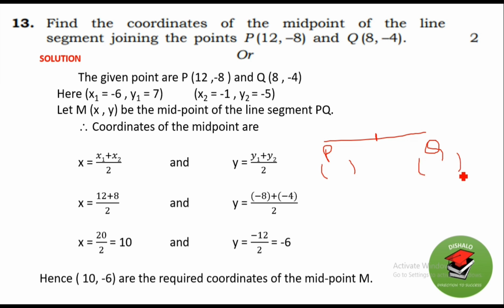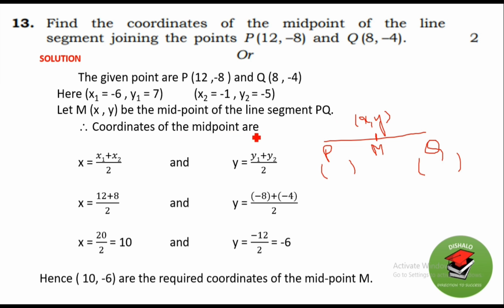The coordinates of Q will be x2, y2. And the coordinate of midpoint, which I have taken here as M, will be x, y. Okay. So let M, x, y be the midpoint of the line segment PQ.